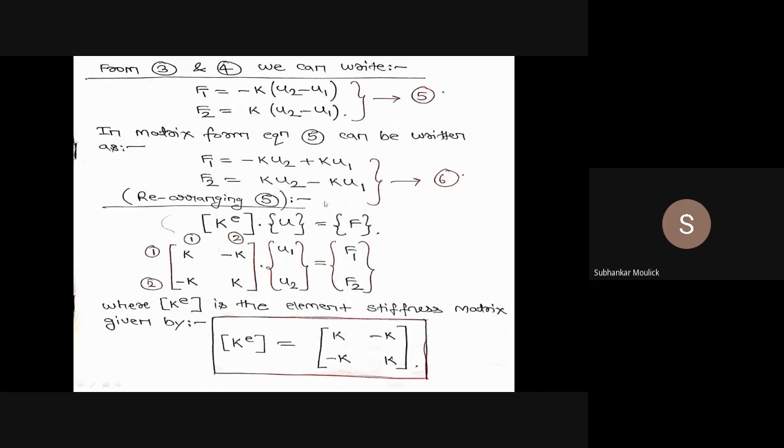Now, if I want to write this equation number 6 in matrix form, how can I write? Stiffness matrix into displacement vector matrix equal to nodal force matrix. Now this K, stiffness matrix, will be what?